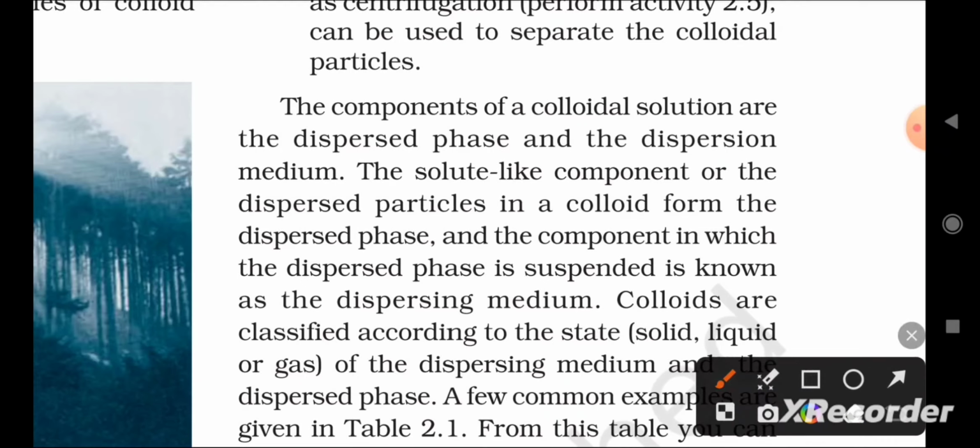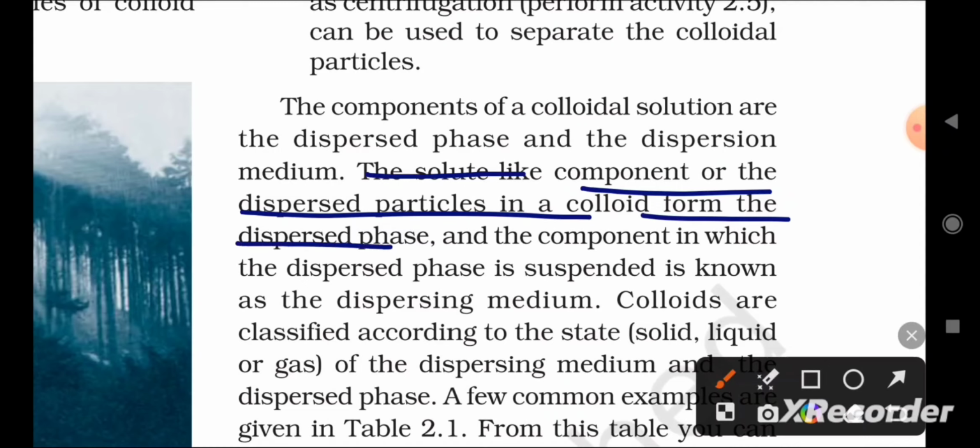Next, the solute-like component, or the dispersed particles in a colloid, form the dispersed phase. Just as a solution has a solute, solute-like particles are dispersed in the colloid.